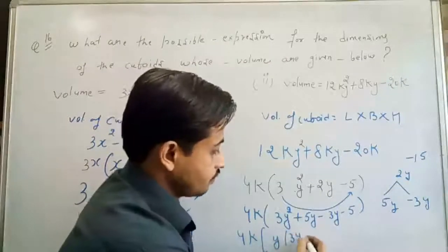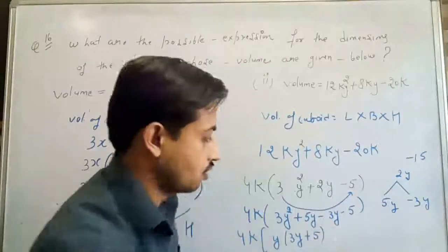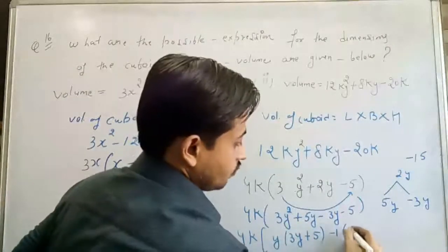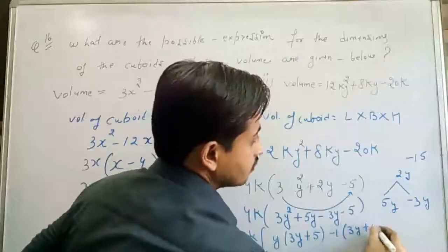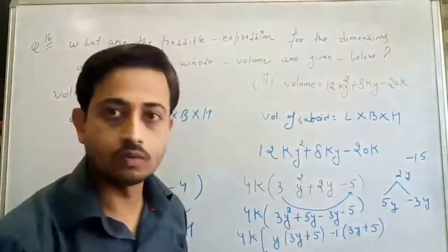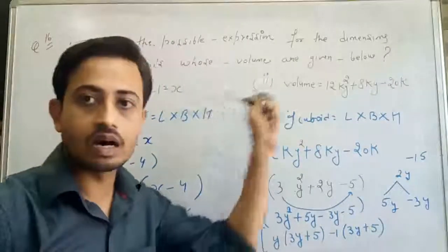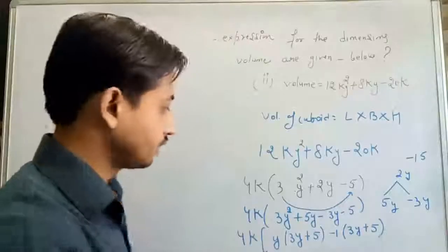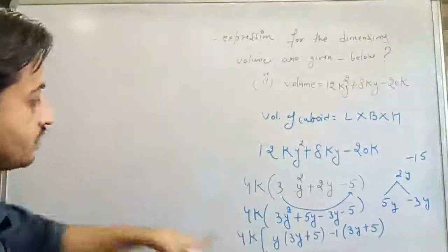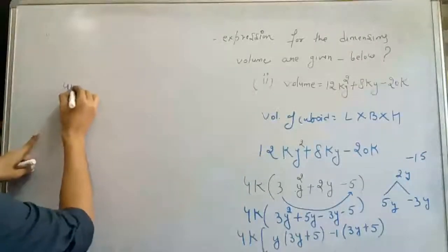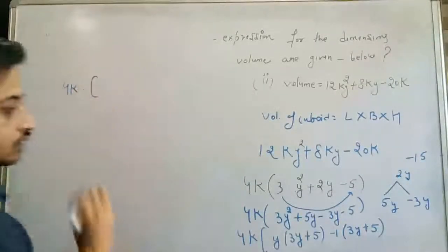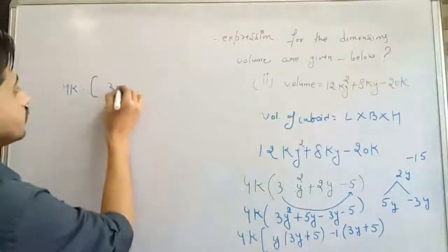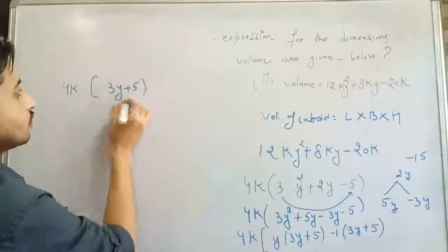We get 3y plus 5. Now in this you have to take negative 1 as a common factor. Negative 1, we get 3y plus 5. So please make a note, then I will rub the upper portion. Now I am solving here. Now the first factor is 4k into, now in this way I am going to take common 3y plus 5. 3y plus 5.